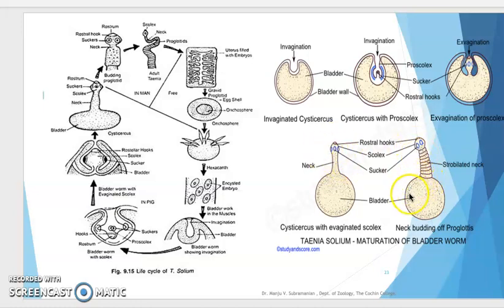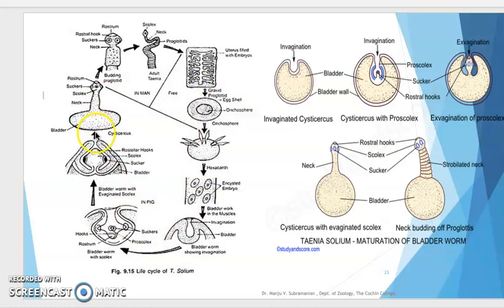You can see here a neck bud, then the strobila with a false segmentation, then the head region. This is what happens.